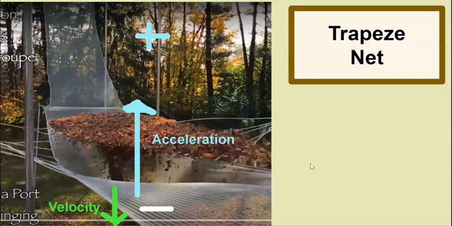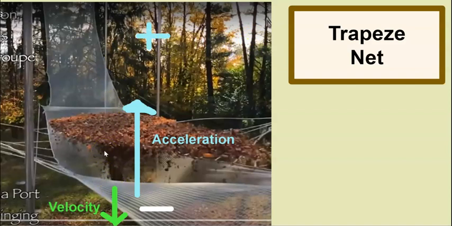Once you start translating word problems to pencil and paper, one thing that I highly recommend you do is draw a positive and negative sign on your diagram of what's going on. So there was a trapeze you couldn't see, and the trapeze person jumped into this net.